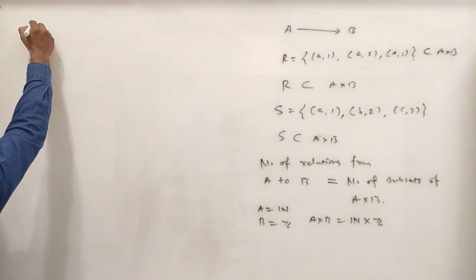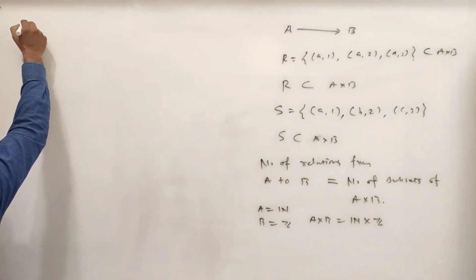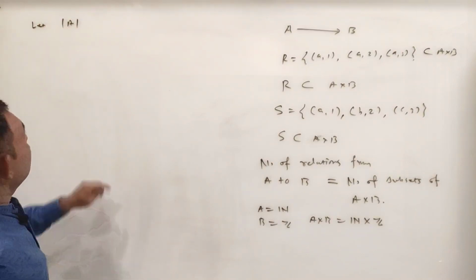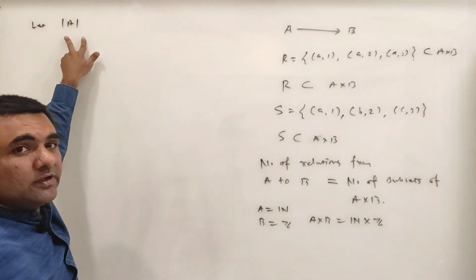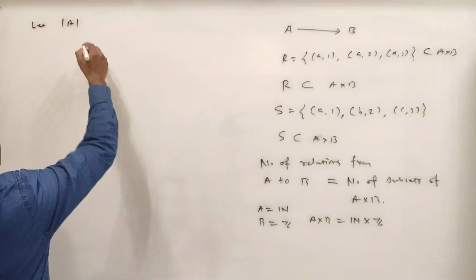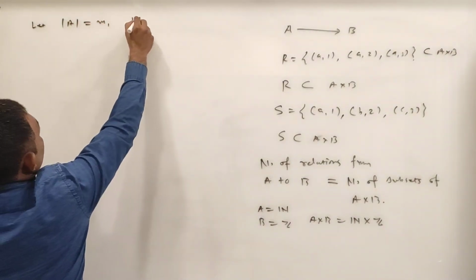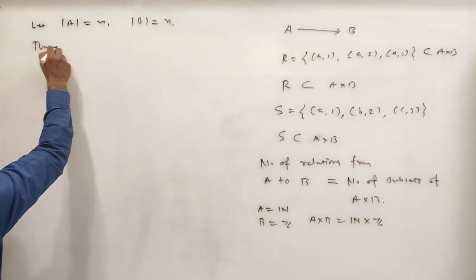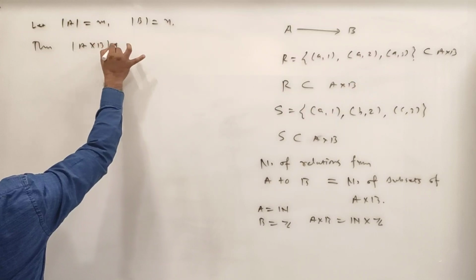So let cardinality of A, this is notation for the cardinality, means number of elements in the set. Cardinality of A is M, cardinality of B is N. Then cardinality of A cross B will be what?